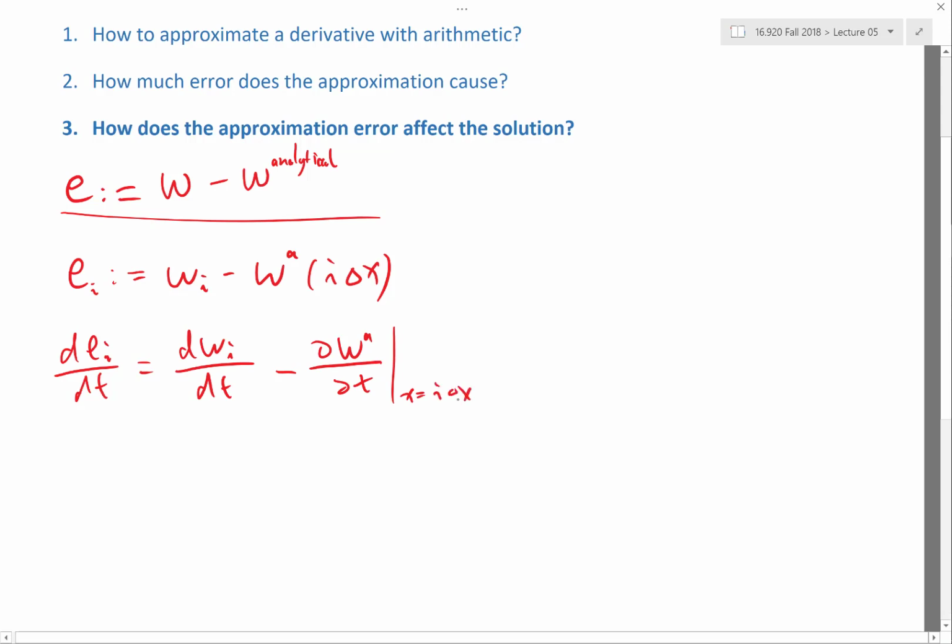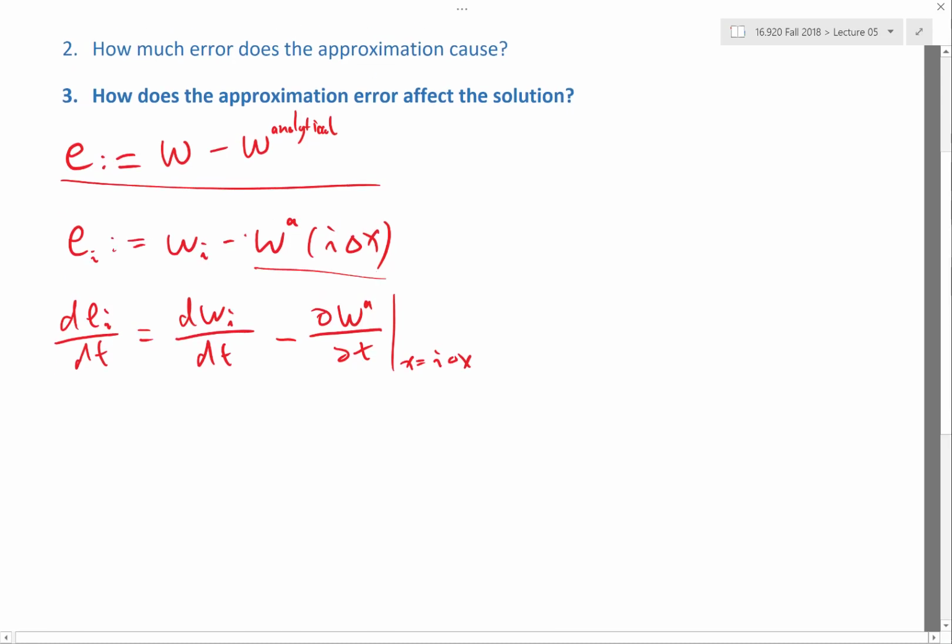The partial derivative means the derivative of the function when you are fixing x. So this is basically the d/dt of this quantity.